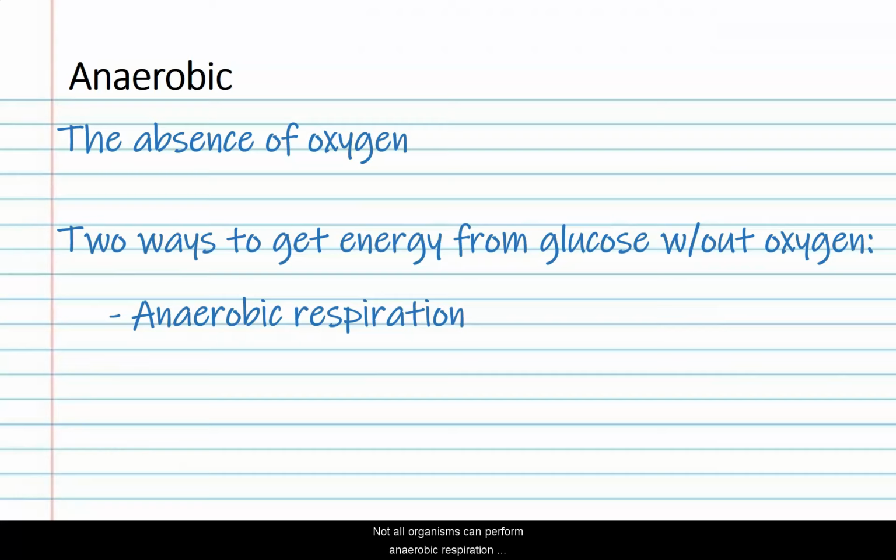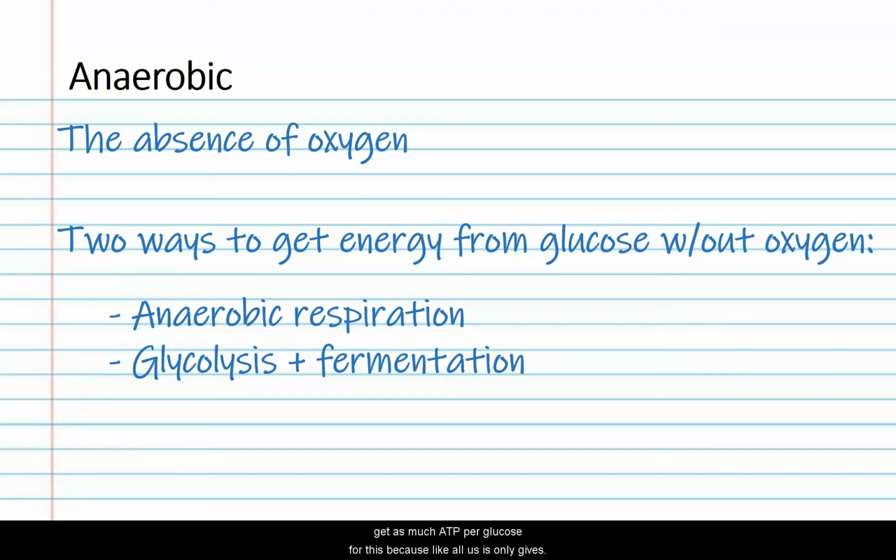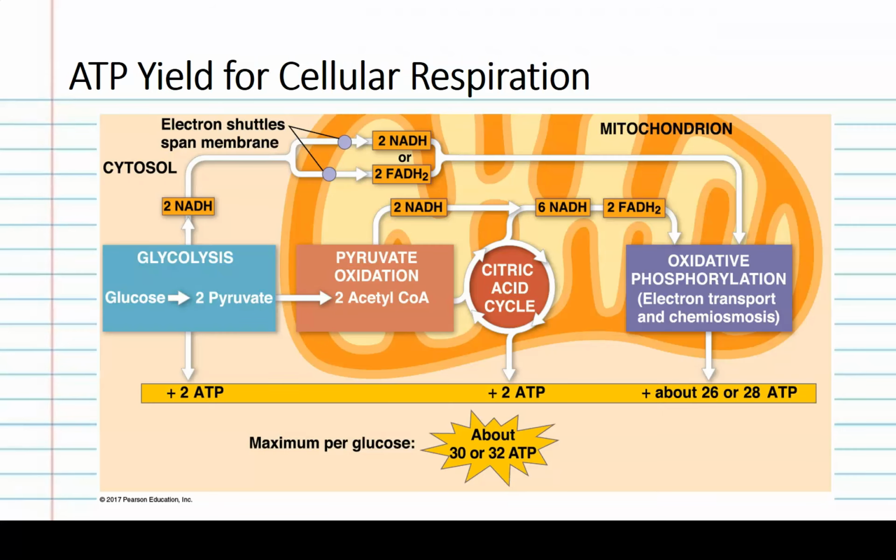Now, not all organisms can perform anaerobic respiration. Another option is to perform glycolysis and then follow that with fermentation. So as you can imagine, you don't get as much ATP per glucose for this because glycolysis only gives you 2 ATP molecules.